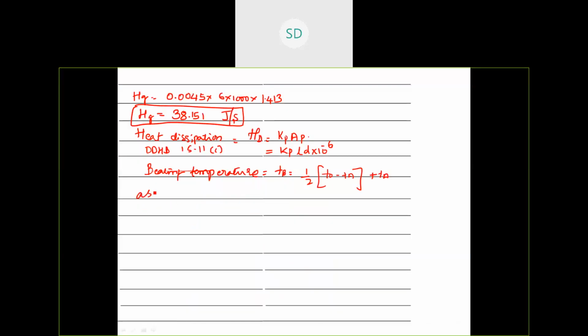Now let us assume the operating temperature is 60 and the ambient temperature Ta equal to 25 degrees Celsius. Now 1 by 2 into (60 minus 25) plus 20. So this is 35 by 2 plus 20. 42.5 degrees Celsius. Check it.